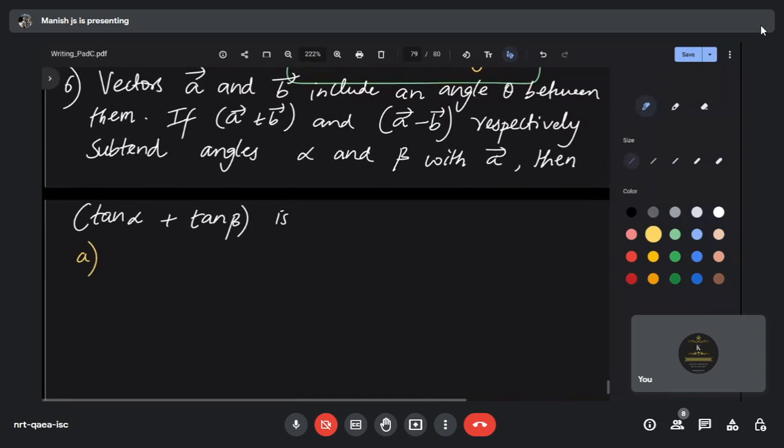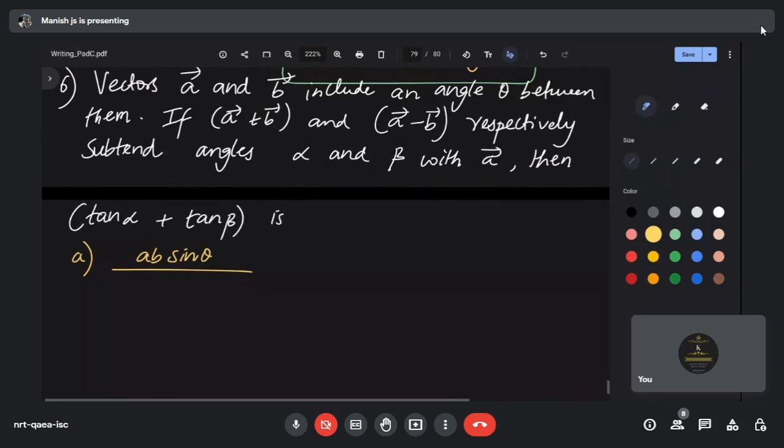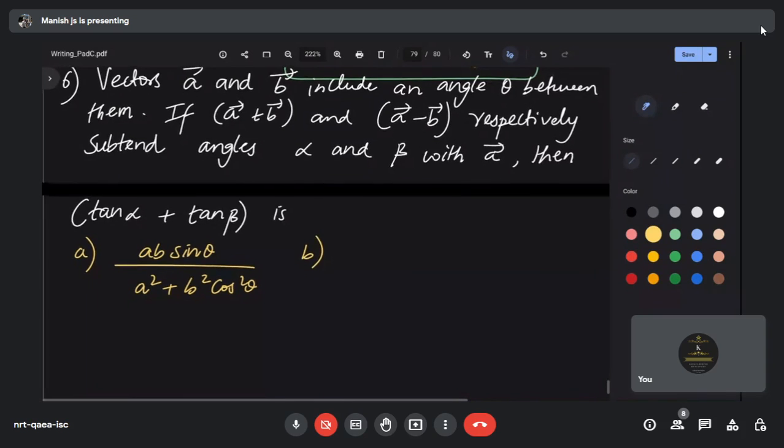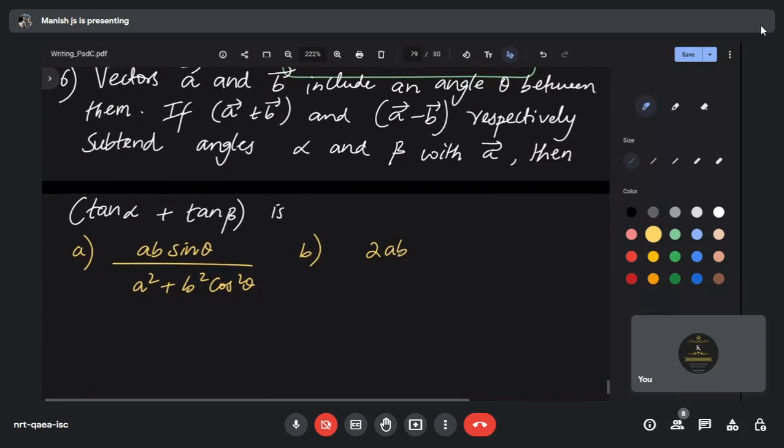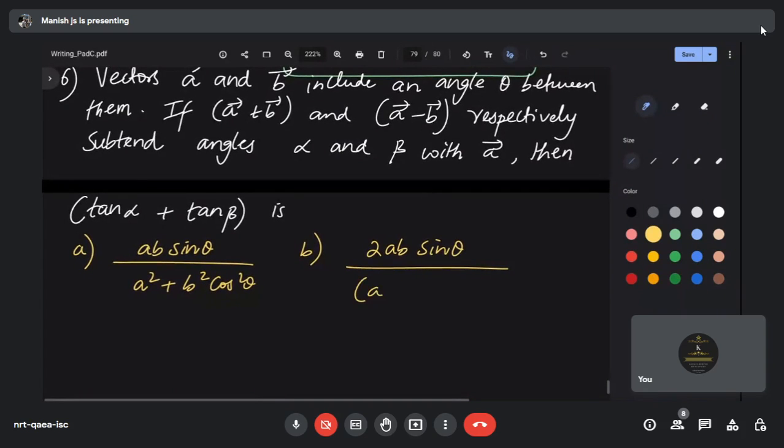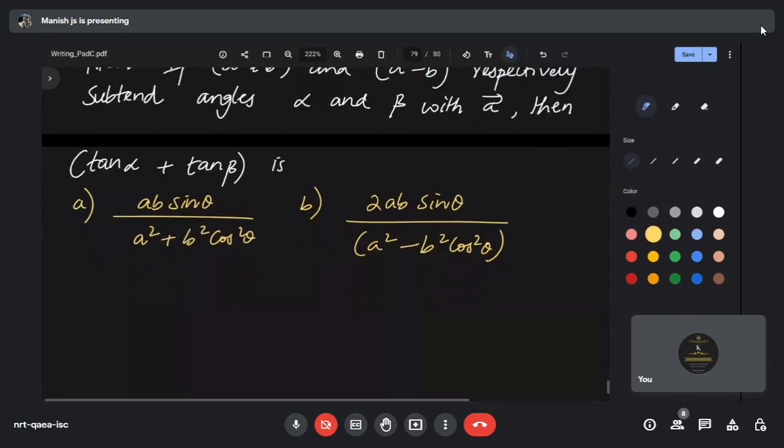Options. Option A, AB sin theta divided by A square plus B square cos square theta. Option B, 2AB sin theta divided by A square minus B square cos square theta.